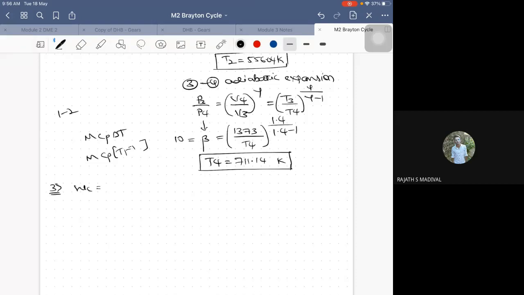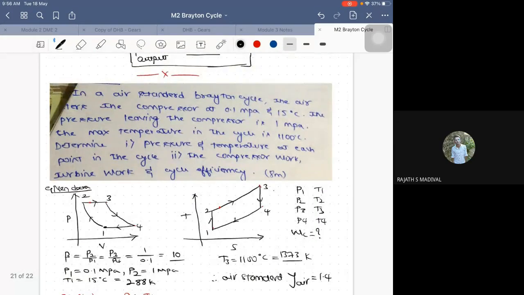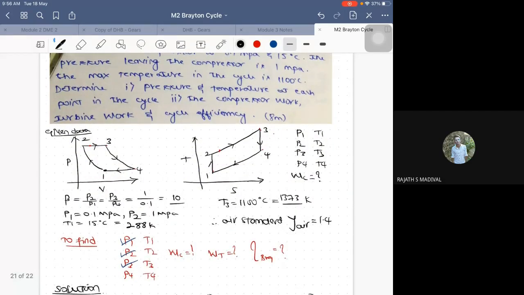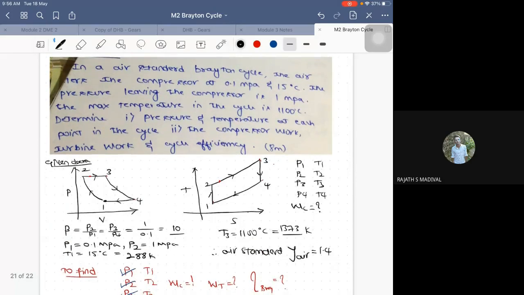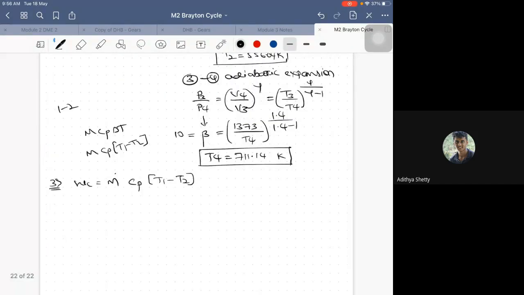Just write it here, mCp into T1 minus T2. Is anything given in the problem regarding the mass flow rate or mass? Anything given? No, sir. Not given, so you leave it. When you leave it, you can take just Cp into T1 minus T2.